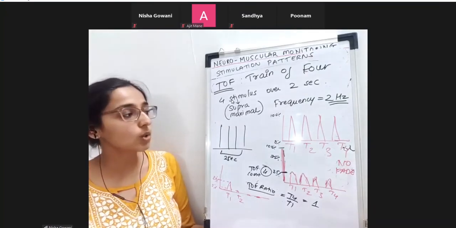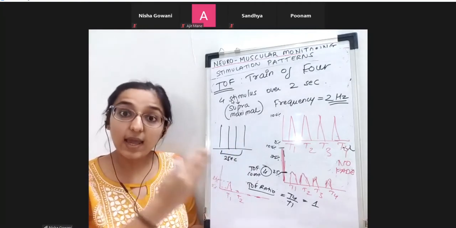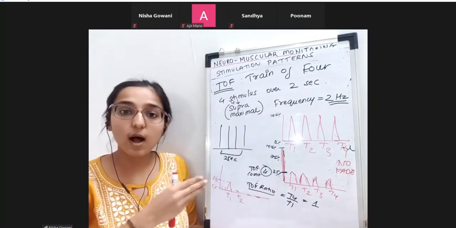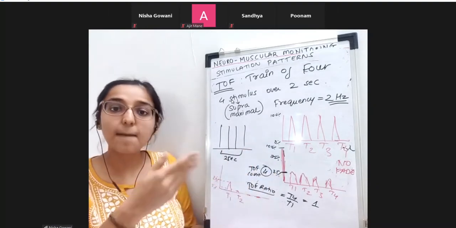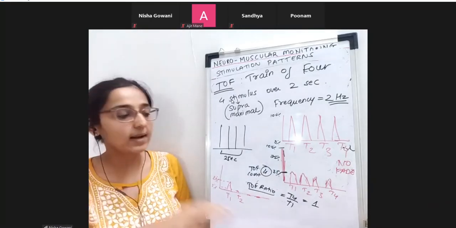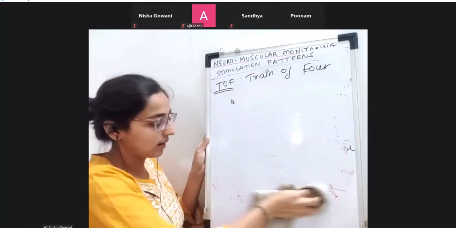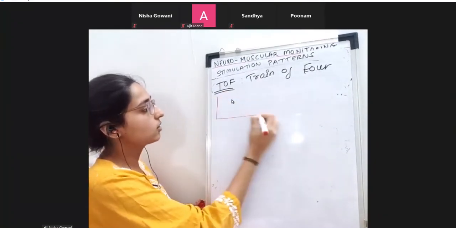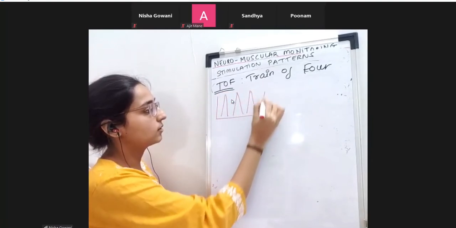Okay. So suppose now this was the start of the case. At the end of the surgery, we want this. However the picture keeps moving as the plane deepens, that same picture will come when the plane lightens. So I will just draw this diagram again. At the start of the surgery, before you gave the relaxant, you got the response like this.